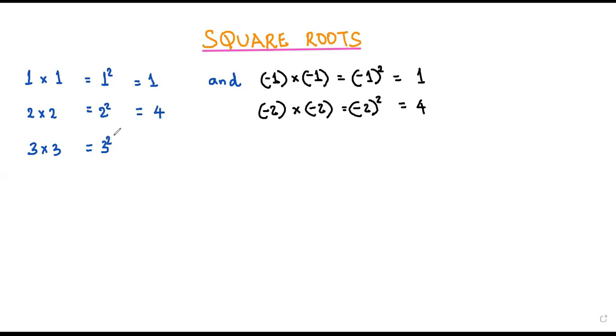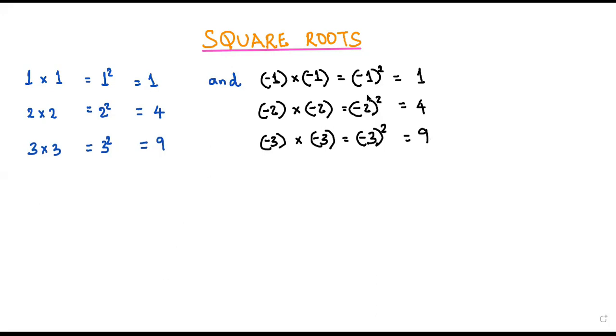You can call it 3 squared. Yes. And this is equal to 9. And then, if we have negative 3 times negative 3, we will get negative 3 squared. And negative 3 squared is the same also as 9. So you see, 3 times 3, we get 9. And also negative 3 times negative 3, we get 9.